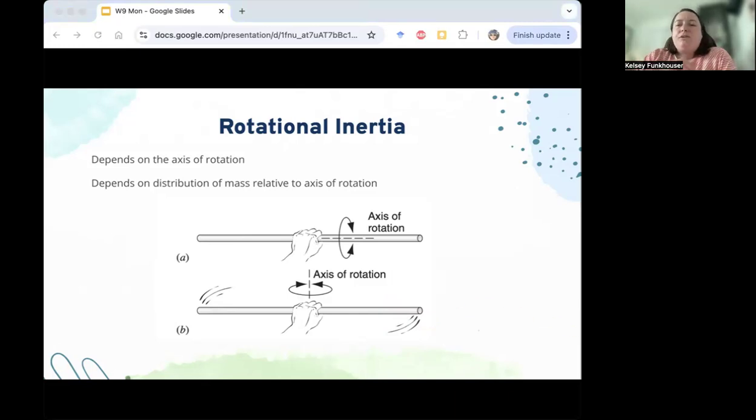And just to tie rotational inertia to something we're familiar with, linear inertia is another word for mass. And mass, we know, doesn't change values depending on the direction of motion. But rotational inertia does depend on the axis of rotation, because it's not just the mass, but how the mass is distributed around the axis of rotation.